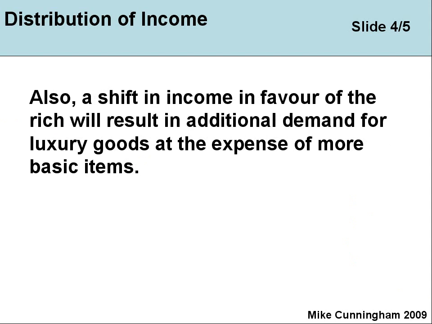So a shift of distribution away from the poor and in favour of the rich, if that's what the government was to do, say through the taxation system, then there would be a different pattern of items in the marketplace. There would be a different configuration in the marketplace in favour of luxury items.